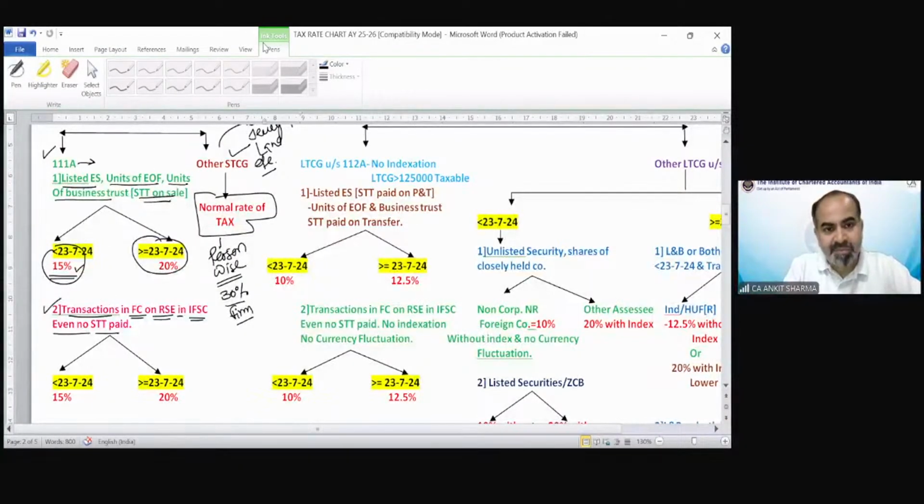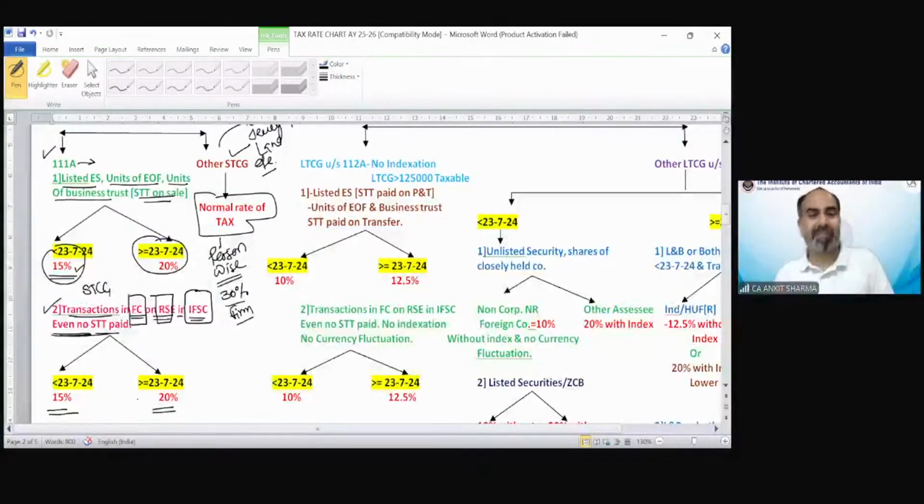So that is a transaction in foreign currency on a recognized stock exchange in an international financial service center. Now what is IFSC etc.? You can Google it because that is not part of our syllabus. Even if no STT has been paid. If the transaction has been done in an international financial service center in foreign currency on a recognized stock exchange, and if it is short-term capital gain, the rate would be 15 and 20.